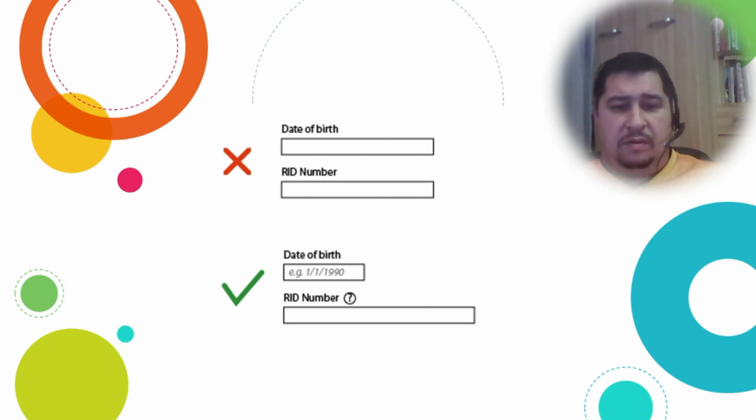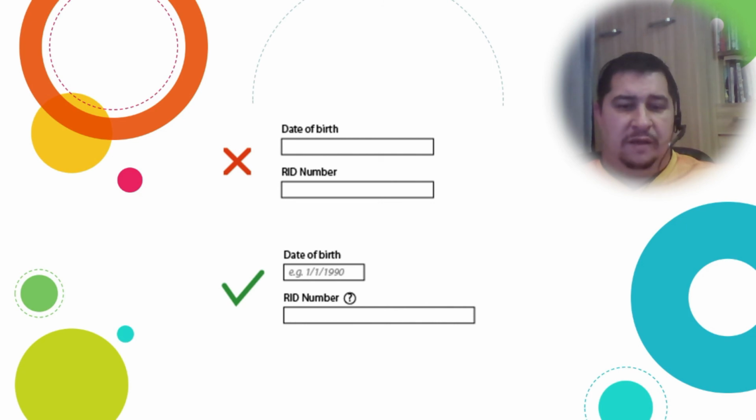The upper one doesn't have any explanation, you just need to type something and we don't know what. In the second example, we have those placeholders, so we know that now the day and the month should be in the beginning and the year should be at the end. It would be even better if we knew which one is the month and which one is the day, of course.